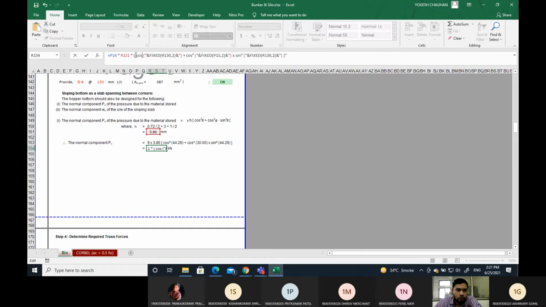Cos square of this, plus cos square of this term, multiply by square of this term. Finally, closing the bracket.